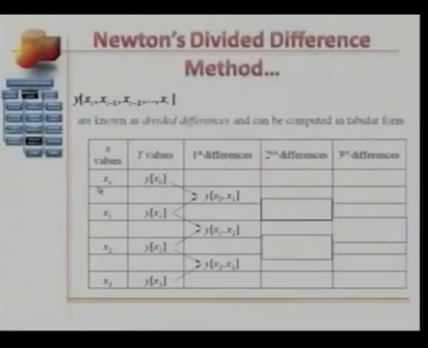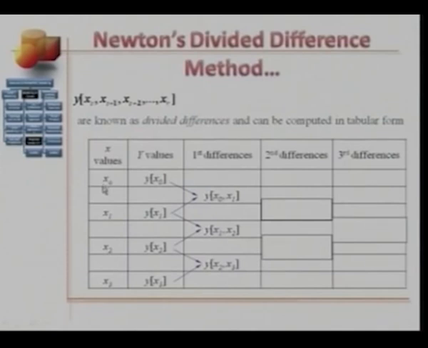For that, we would need to use this information here. Let me give you the cue for the first one. The second divided difference will be y of x1, x2 minus y of x0, x1. Remember the notations that we had discussed previously, over x2 minus x0.